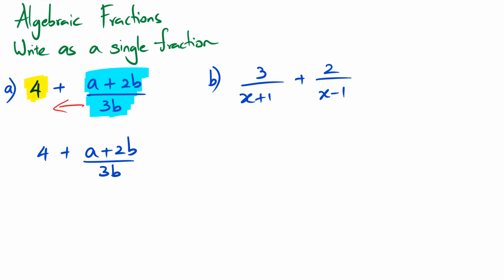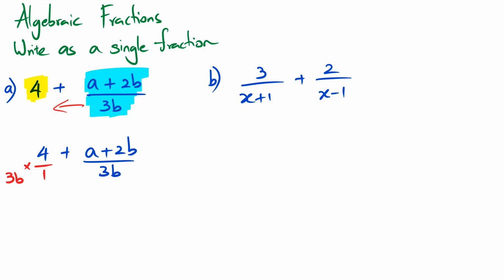And because I want to have a denominator of 3b here, I think about it like this: anytime you have a number by itself, it can be written as 4 over 1. All right, but we just don't write that 1, right? We just leave it as just 4. But because we want that 1 to be now converted to 3b, what we're going to do is multiply by 3b for the 1.